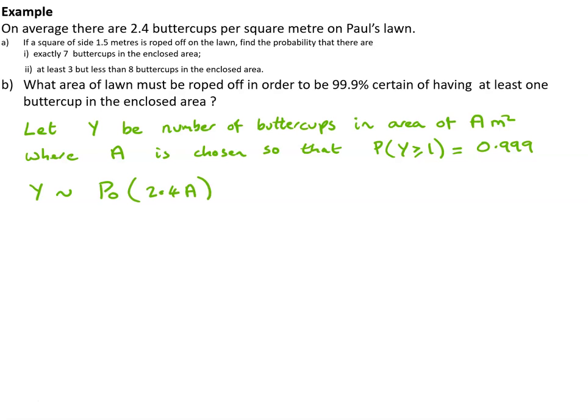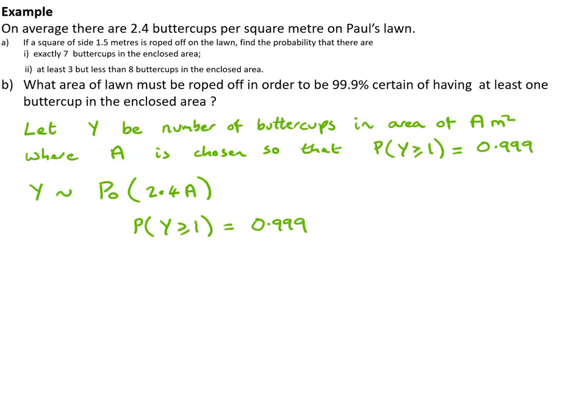We can say then that y is going to have the Poisson distribution with lambda equals 2.4a. We're expecting 2.4 buttercups per square metre, so in an area of a metres squared, we'd expect 2.4 times a buttercups.